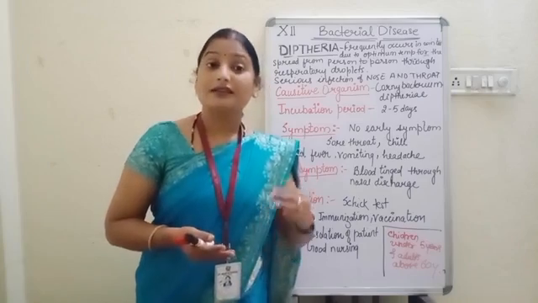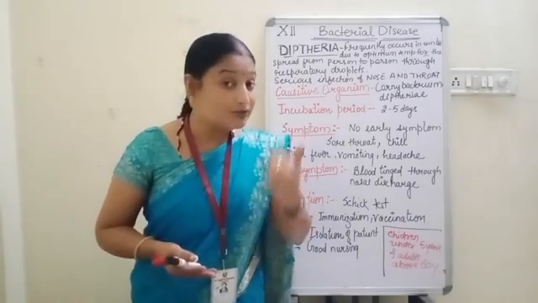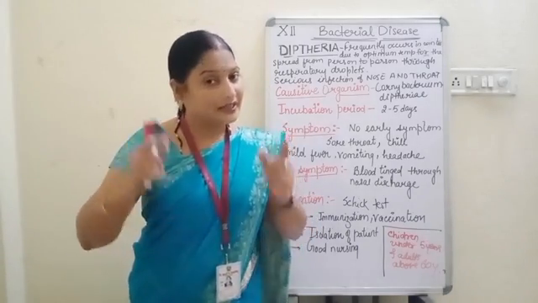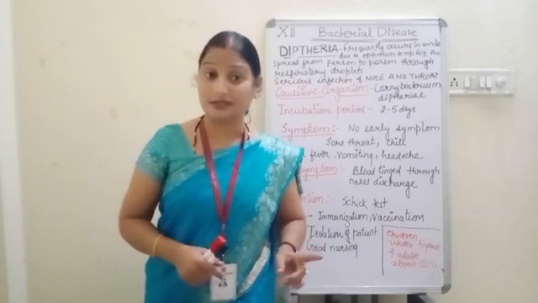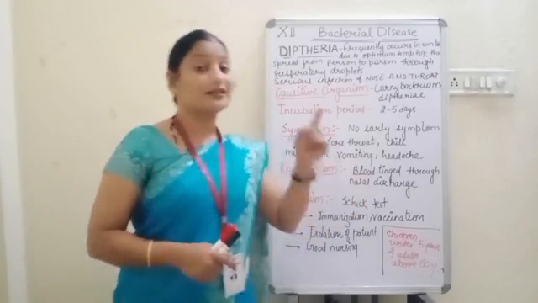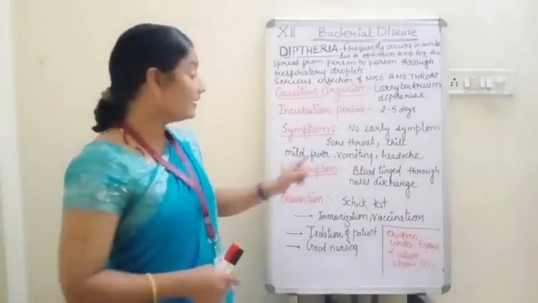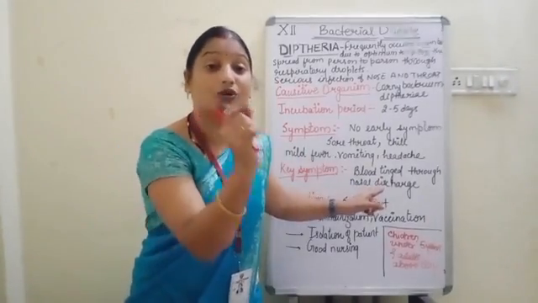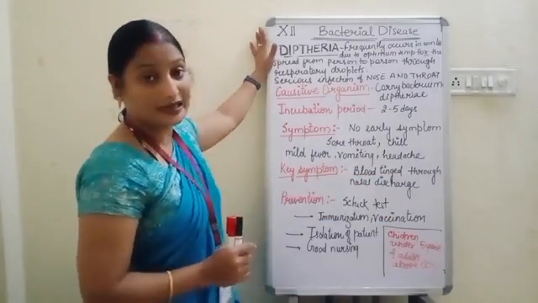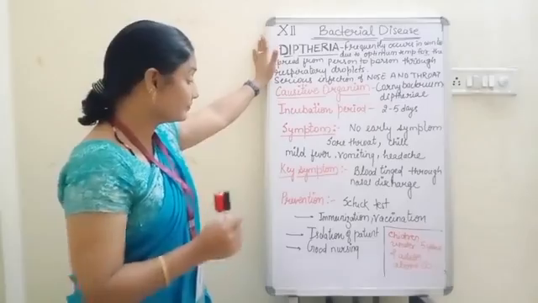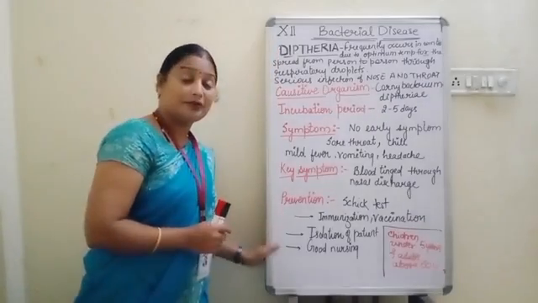But that blood through the nasal discharge generally occurs in the summer season, not in the winter season. So if in the winter season this nasal discharge is there, and that too in the form of clots, then the person is suffering from the disease named diphtheria. Clear?